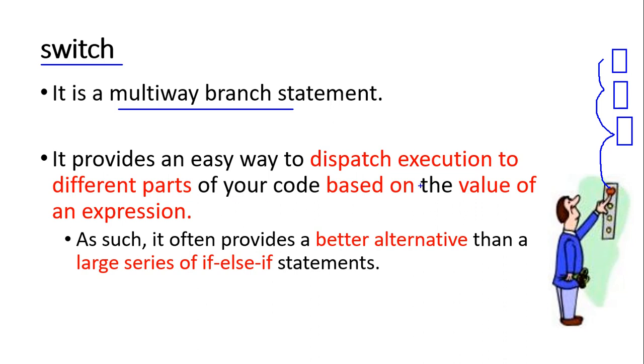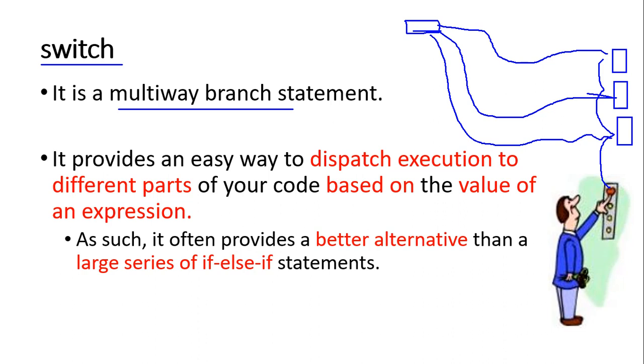What it means is, in the switch there will be an expression, and based on the value of the expression you can go to multiple options. You can select any one of the options based on the expression at this particular point.